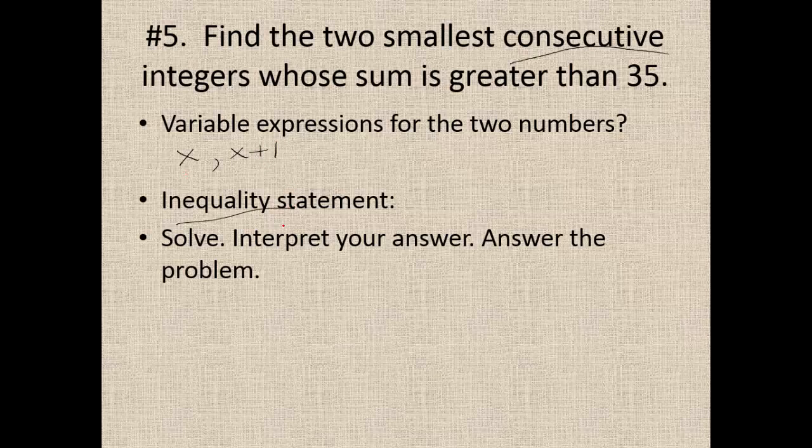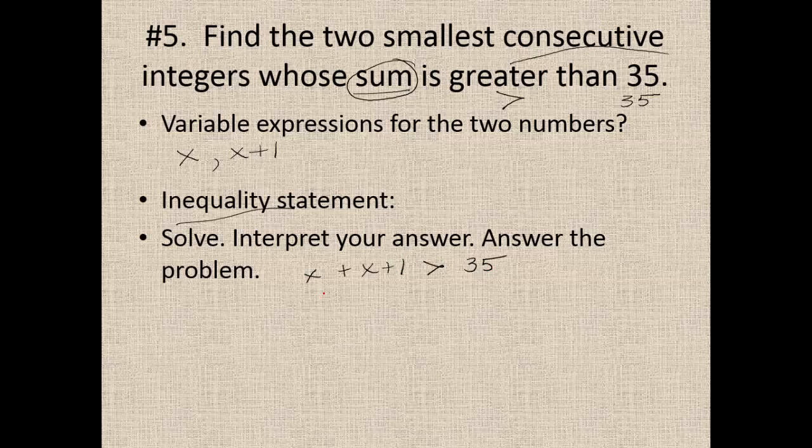And then we need an inequality statement because this says that their sum is greater than 35. So we need an expression that says that. Their sum is x plus x plus 1, and that is greater than 35.